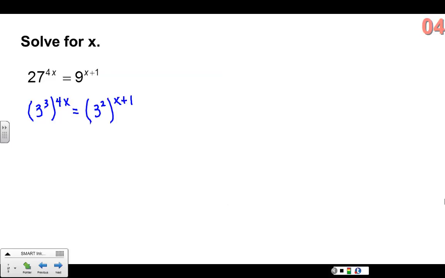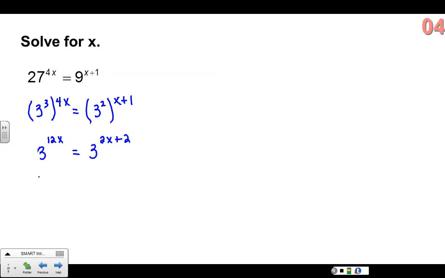Now, if you remember from earlier algebra courses, when you have a power inside parentheses raised to a power outside, you use multiplication to simplify. So this would actually equal on the left side 3 to the 3 times 4x, which would be 12x, equal to 3 to the 2 times x plus 1. I'll need to multiply those with the distributive property, 2x plus 2.